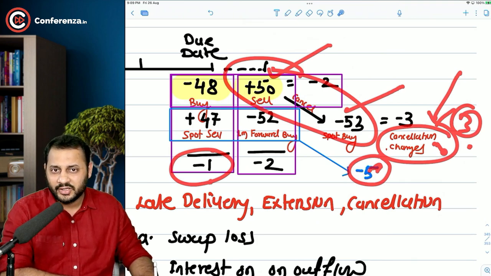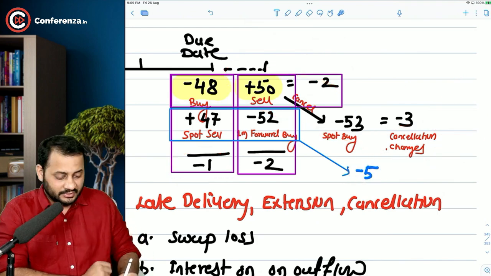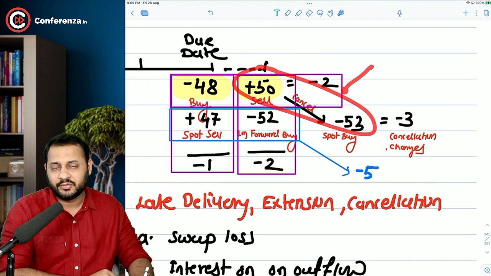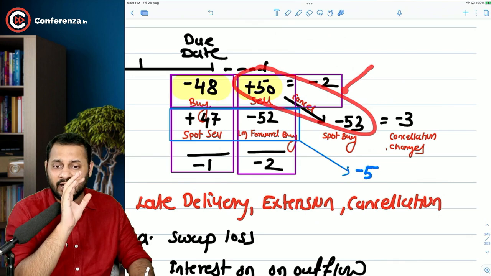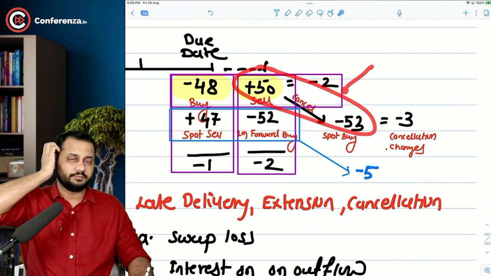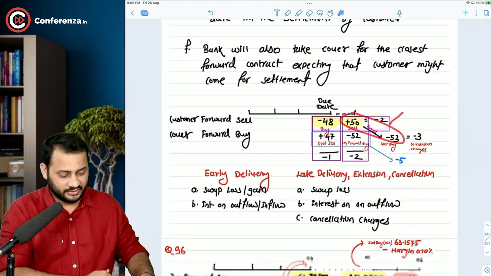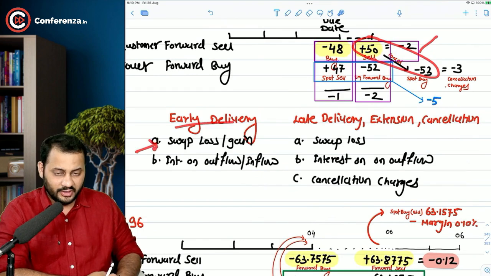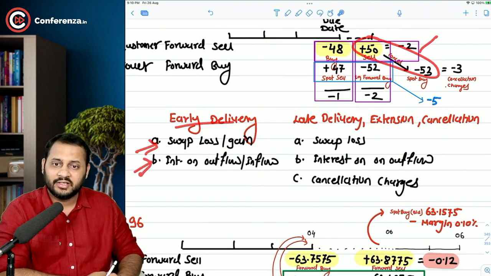So now are you getting it? This is the new part in this late delivery concept. Otherwise, all the other things are exactly like what we did in the early delivery part. Now have a look. In case of early delivery, we had two types of recoveries, swap loss and interest.